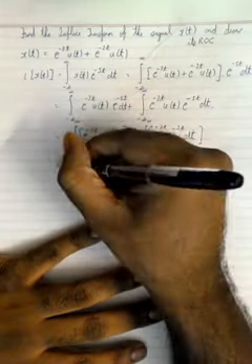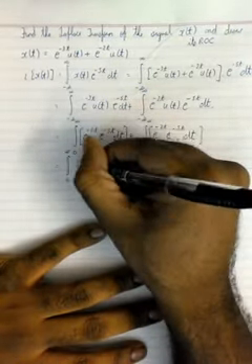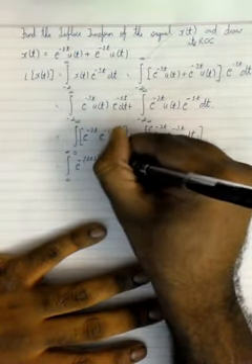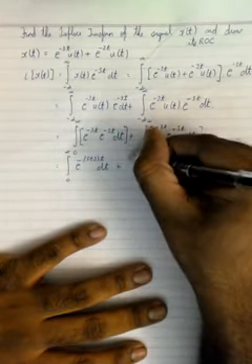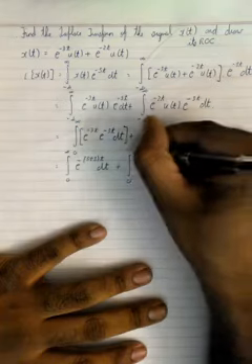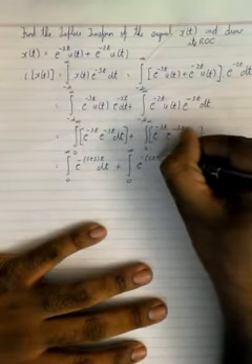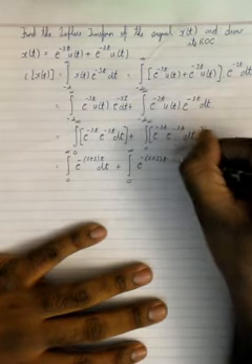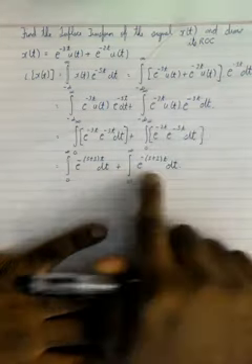This is also equal to the integral 0 to infinity of e raised to minus (s plus 3)t dt, plus the integral 0 to infinity of e raised to minus (s plus 2)t dt. So you will get this expression.